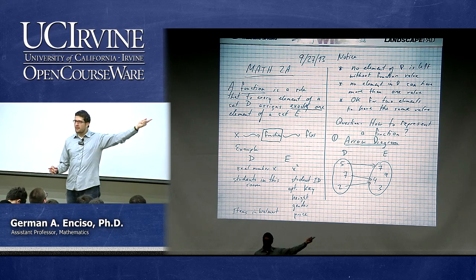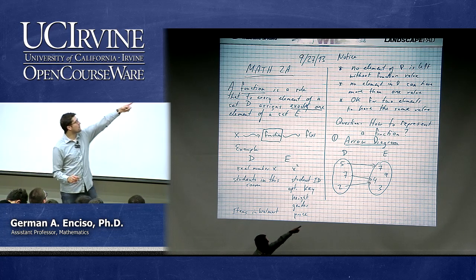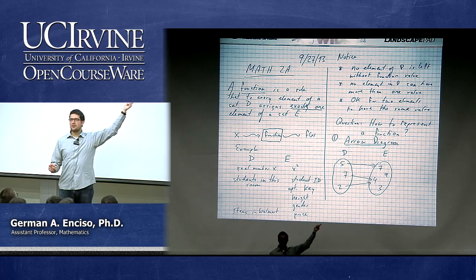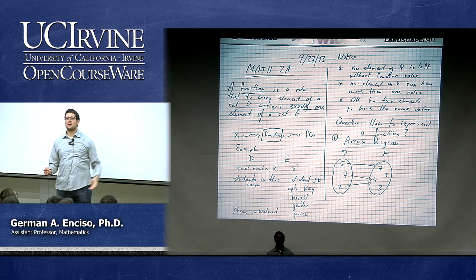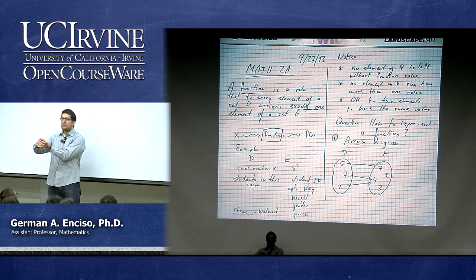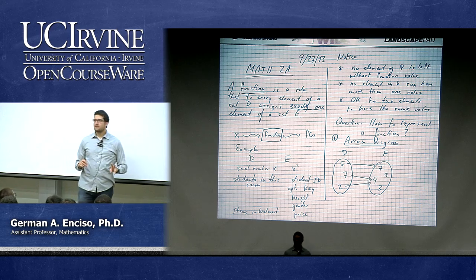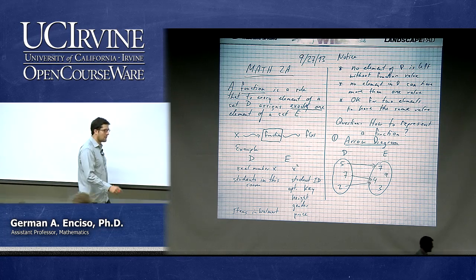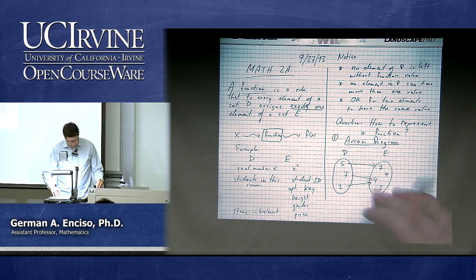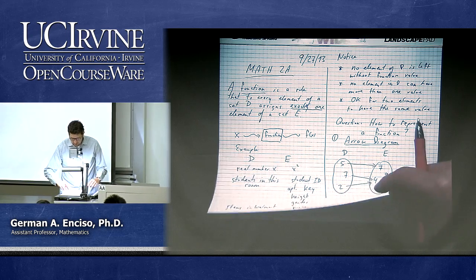Yes. Is it okay that the number 3 there is missing with nobody going there? Yes. So it's a function. All right. If you had 2 arrows coming out of the same guy, that would be a problem, right? But right now, this is okay. All right. So you guys are going to be looking at some other arrow diagrams as homework.